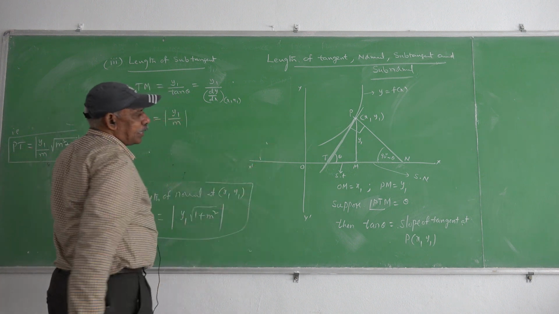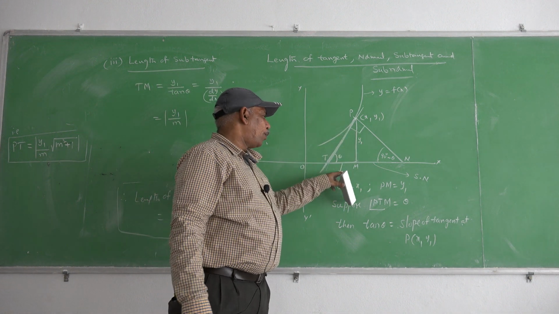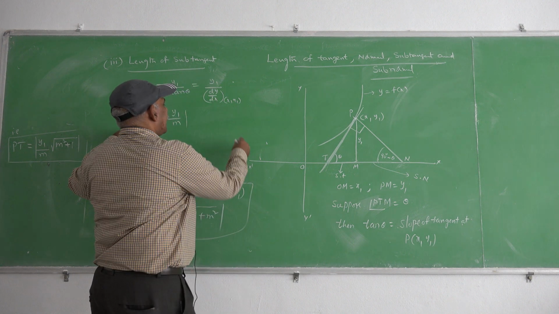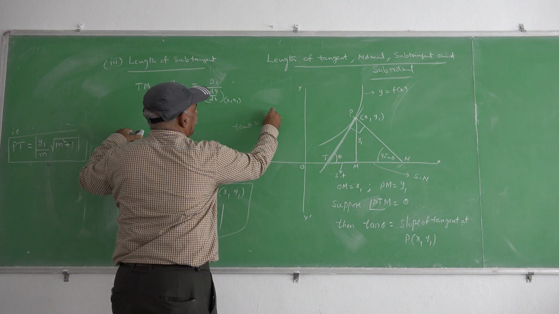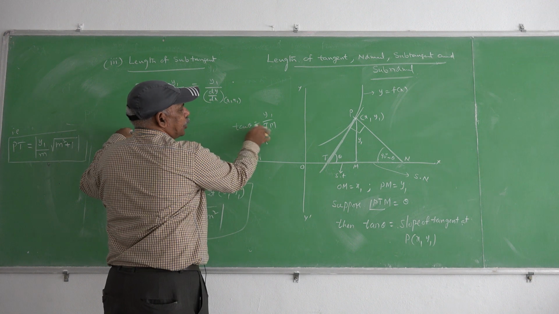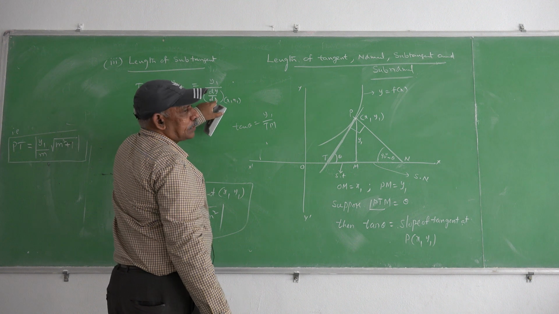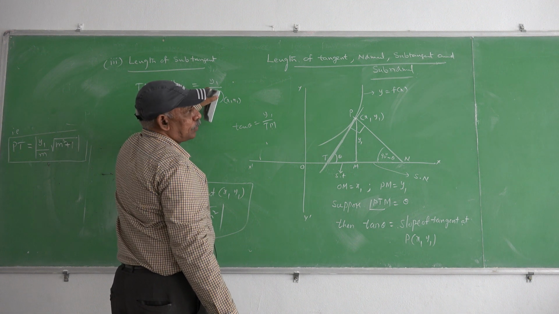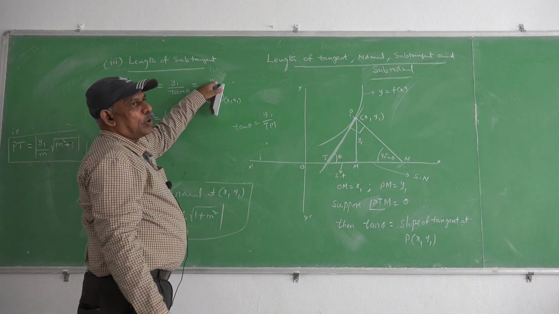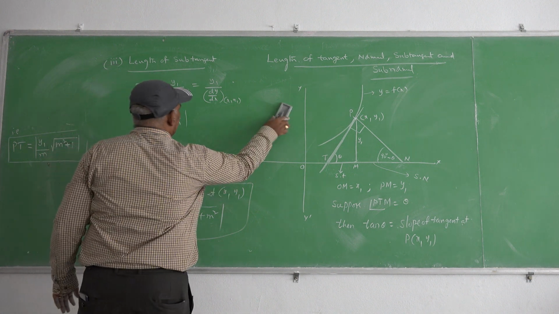From the same triangle PTM, taking tan theta, y1 by TM, you can interchange the positions of TM and tan theta. We get TM equal to y1 by tan theta. But tan theta is the slope of the tangent at x1 y1, which is obtained by the first derivative dy by dx at x1 y1. So the y coordinate divided by the slope of the tangent gives us the subtangent length.